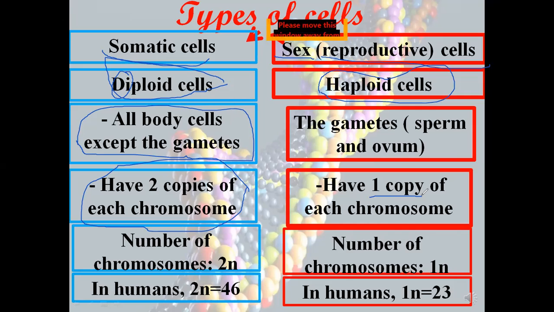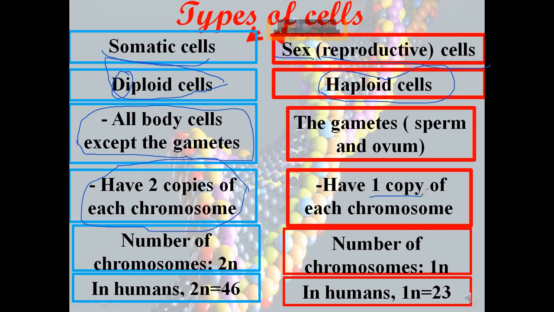Moving to the sex cells, or the reproductive cells, these are the haploid cells. They are the gametes, the sperm and the ovum, and they have only one copy of each chromosome. So this is the difference between the sex cells and the somatic cells.